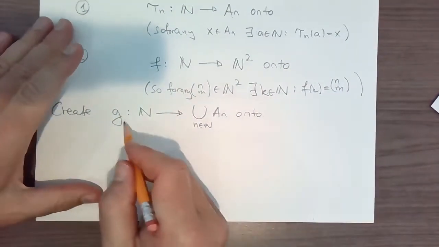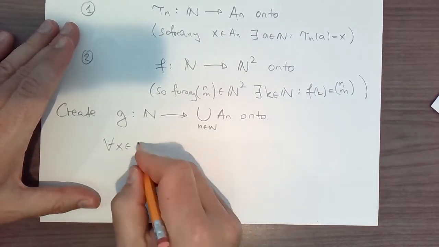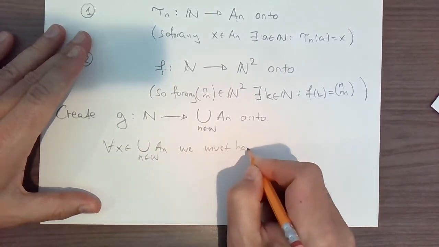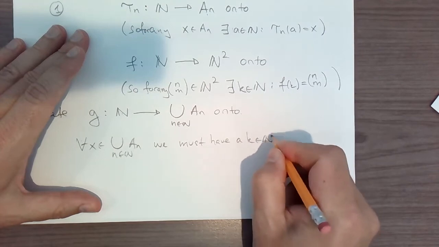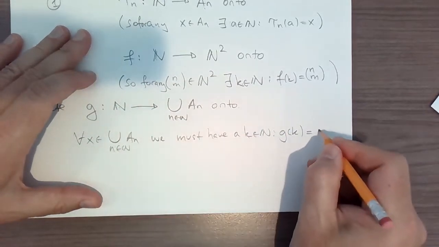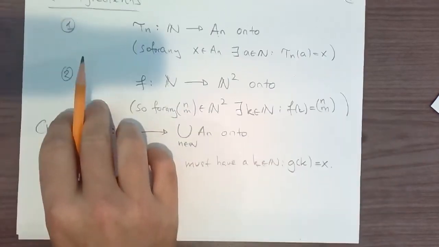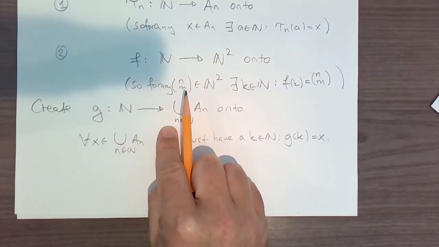So for any point, let's call it X, in the union, we must have a K in the domain such that when I plug it into my function, out pops X. These are the two things that we have, and this is the thing that we need to create. Is that clear?